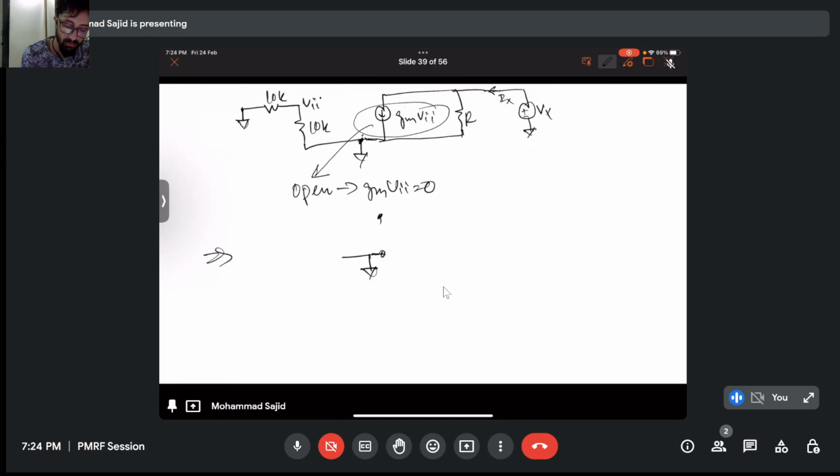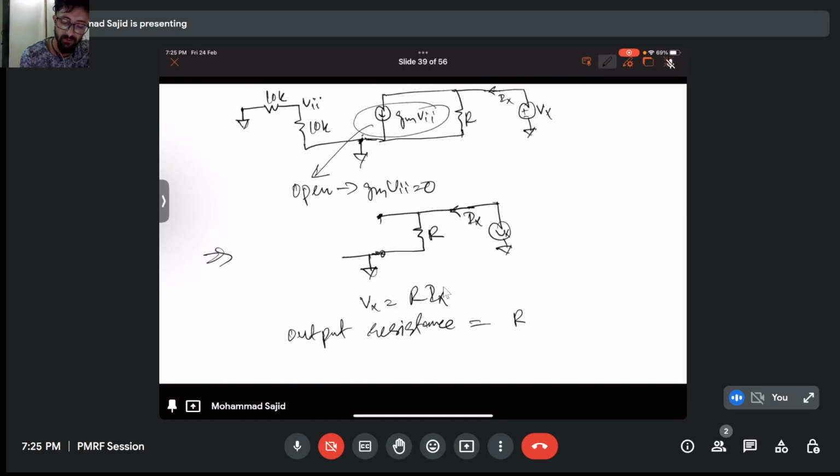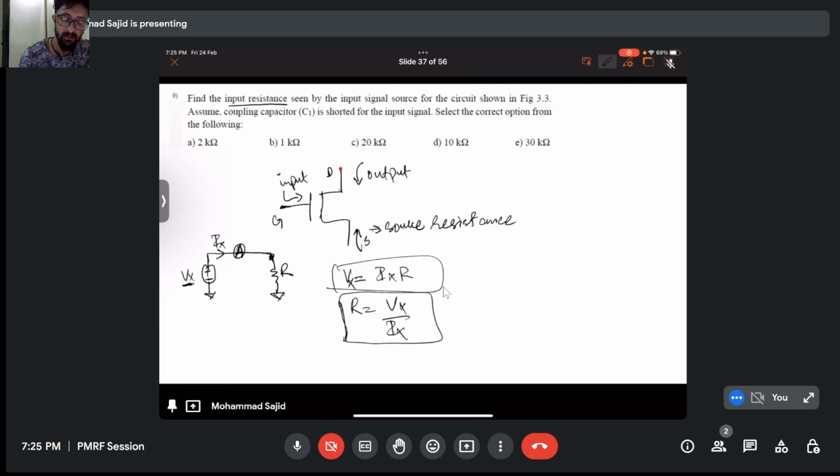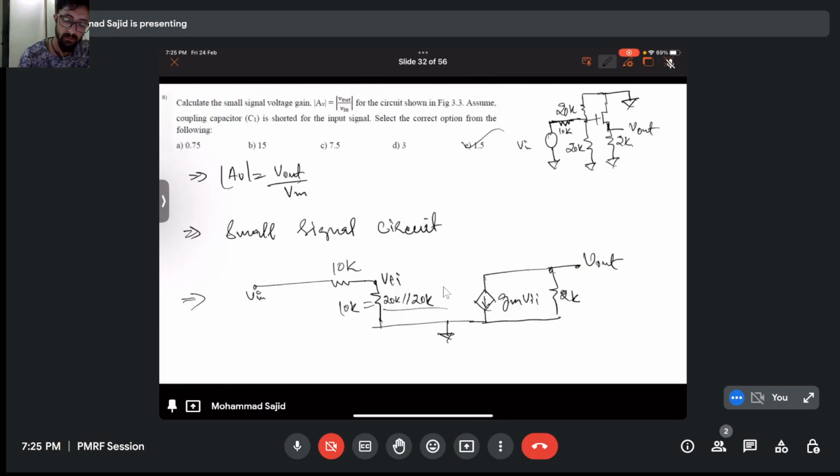This will be open. This is R. This is Ix. This is Vx. Now Vx will be simply equal to R times Ix. So output resistance is simply equal to R. That is 2 kilo ohm.